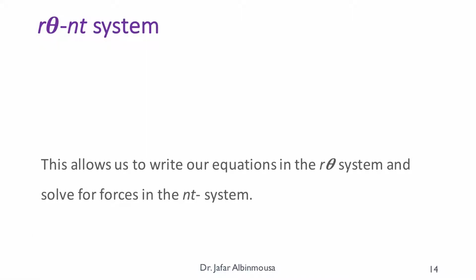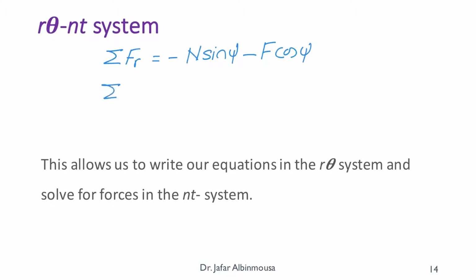So as we described in the previous slide, we can have the following equations. The sum of all forces acting along the radial direction is equal to minus the normal force multiplied by sine psi minus the other force, which is acting along the tangent, multiplied by cosine psi.